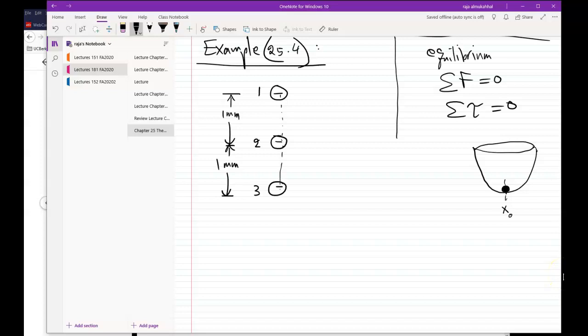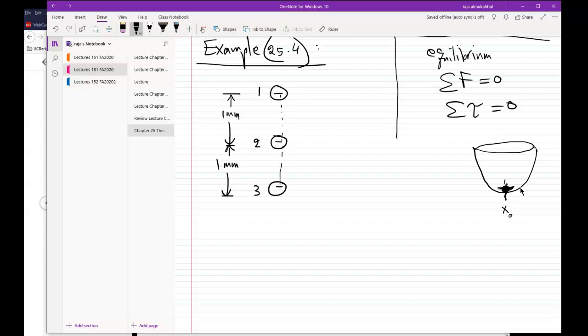Now what will happen if I slightly perturb the ball? The word perturb means slightly disturb. In physics, we have a branch called Perturbation Theory. So what will happen if I slightly perturb it? Let's say I give it a little kick. Well, it's going to start oscillating back and forth like that.